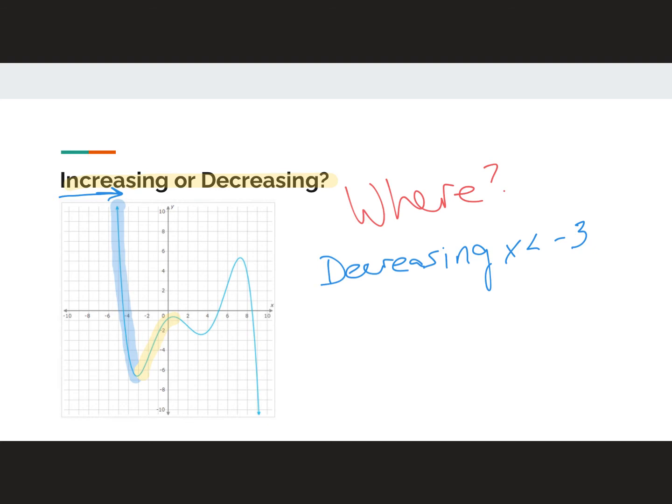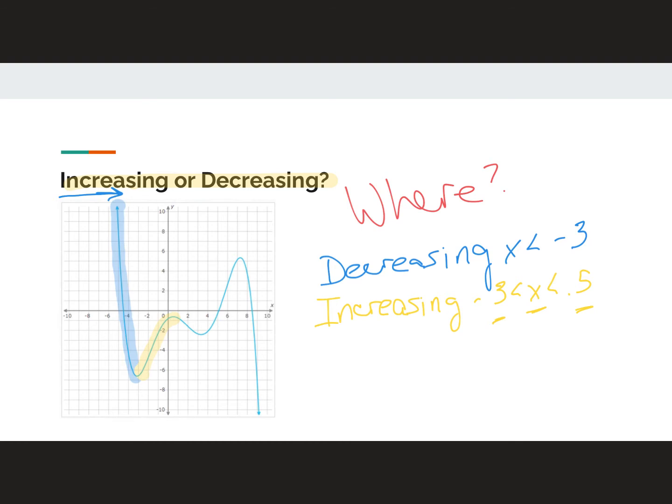So it is increasing. And remember, increasing just means going up, decreasing just means going down. When -3 is less than x, which is less than 0.5. All this means is that x is between -3 and 0.5.